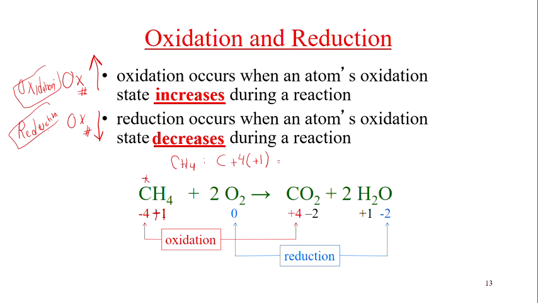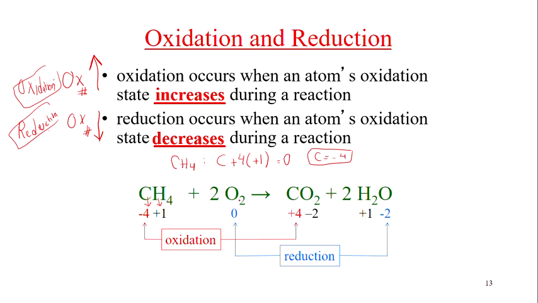I ask you to memorize that hydrogen is 1 positive in the compound, and the total is equal to charge 0. So if you solve that, C is -4. So I write 4 negative here. So I find the oxidation number of carbon. I know that for hydrogen.